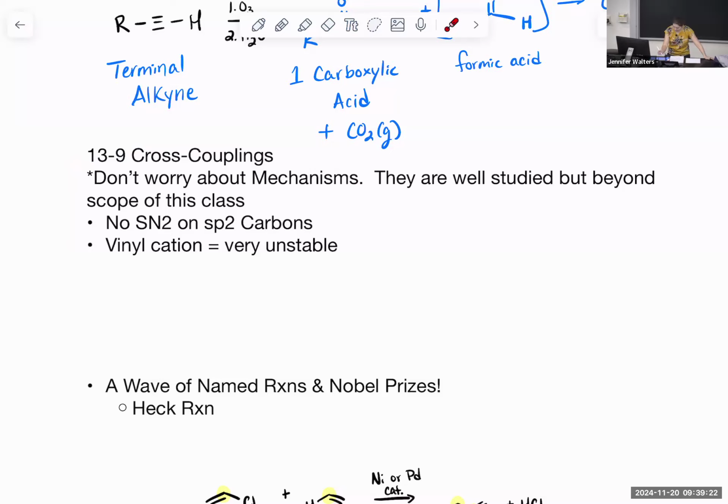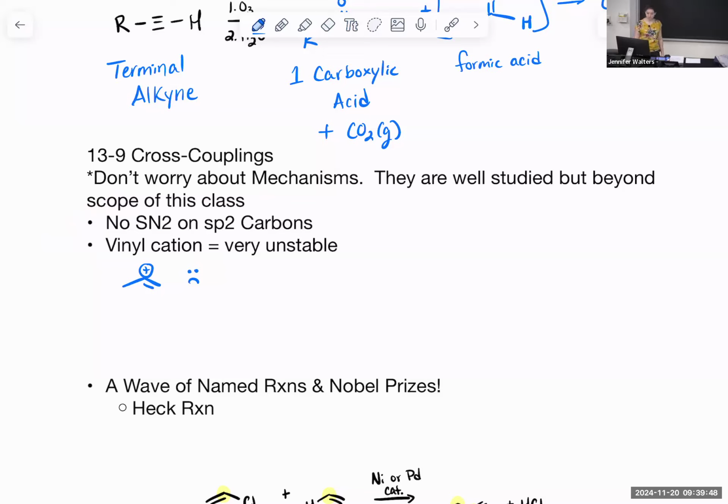So remember that we cannot do an SN2 reaction on sp2 hybridized carbons. And that vinyl cation, although we did show it in the addition reactions, is very unstable. Having that positive charge on a double bond is very hard to form.